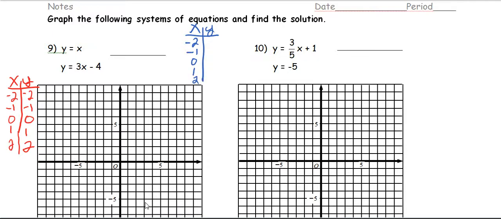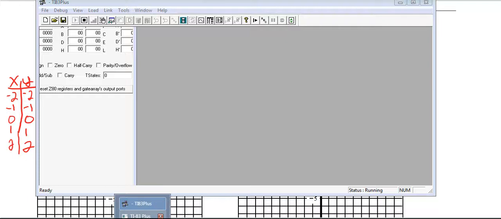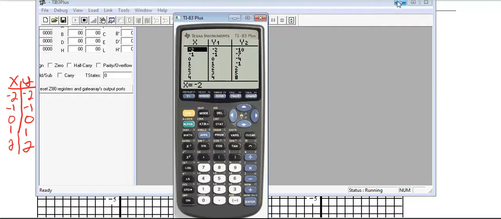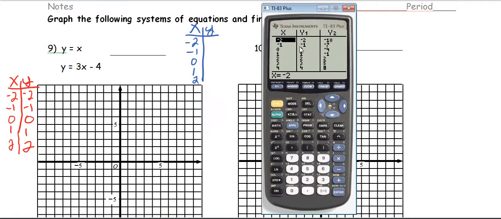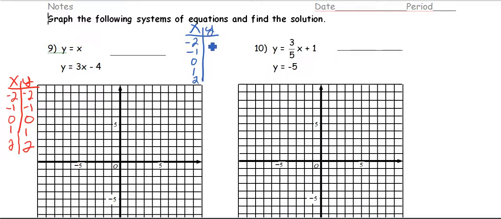And then let's look at our calculator. All right. And we can see we have -2, -10. I have to look all the way on the left for my x value, all the way on my right. So -10, -7, -4, -1. So I'm going to come over here.